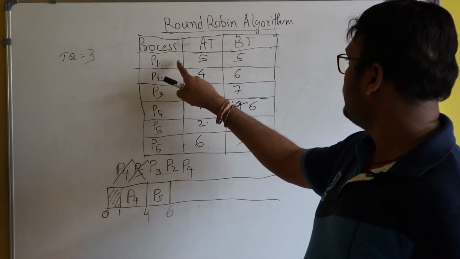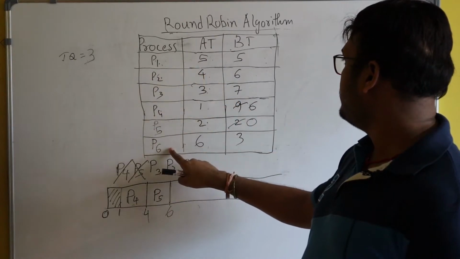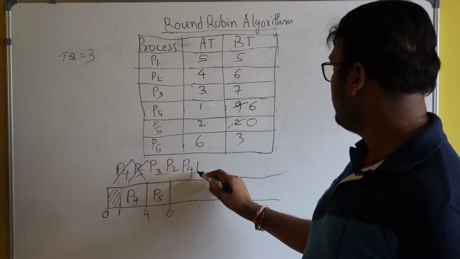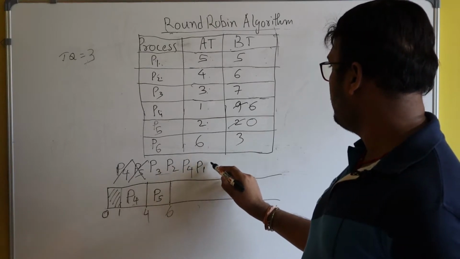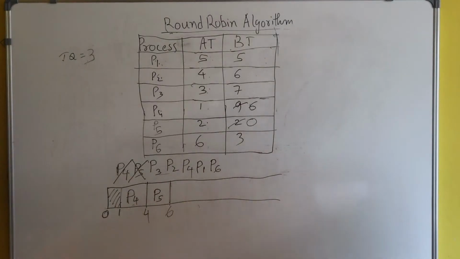You see P1 arrival time is 5 and P6 arrival time is 6. So here I will write P1 and P6. Okay.